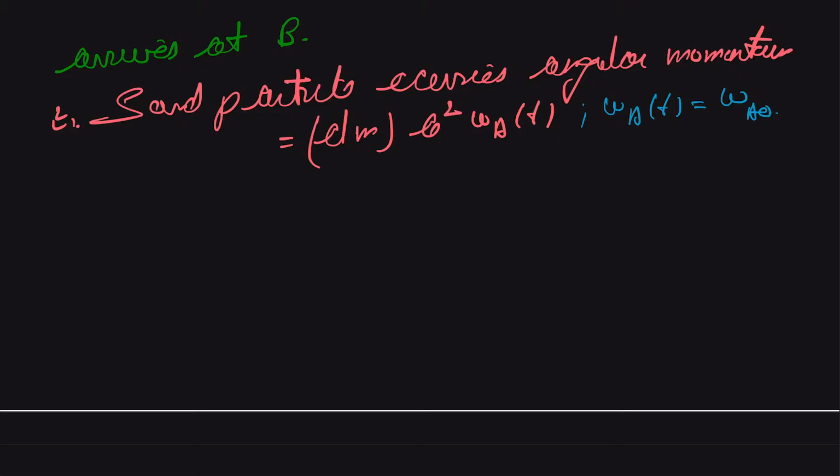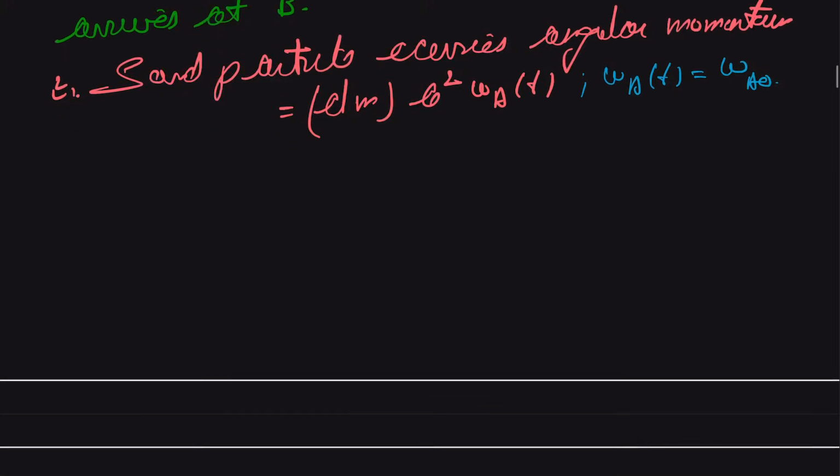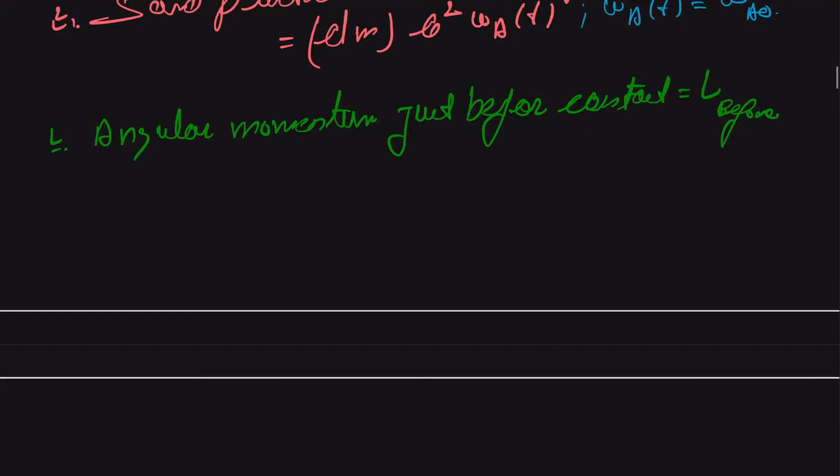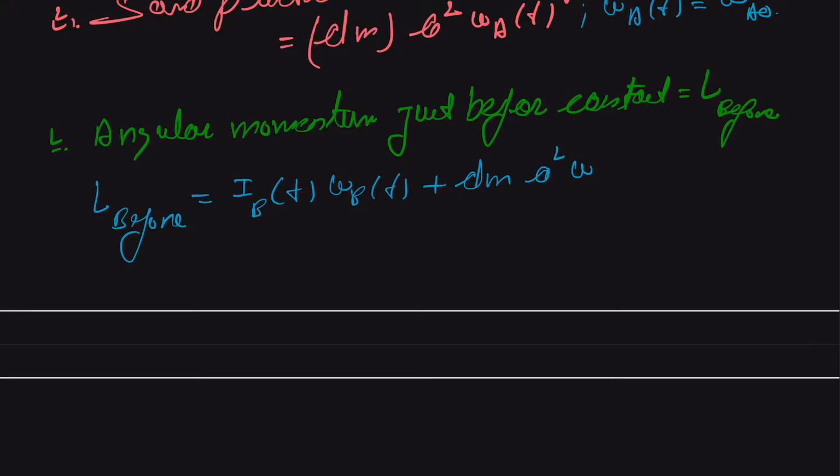So let us once again discuss the before and after in the case of drum B. We can say our angular momentum just before contact, let us call this L before, will be equal to I_B(t) omega_B(t) plus dm a square omega_A naught.